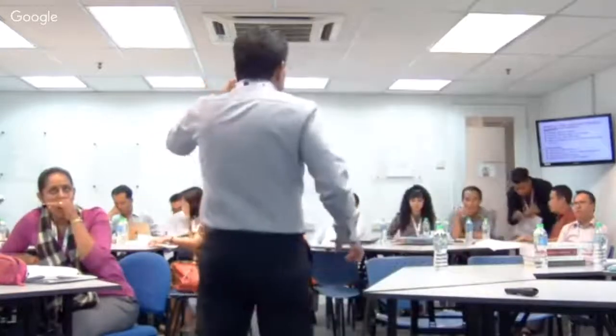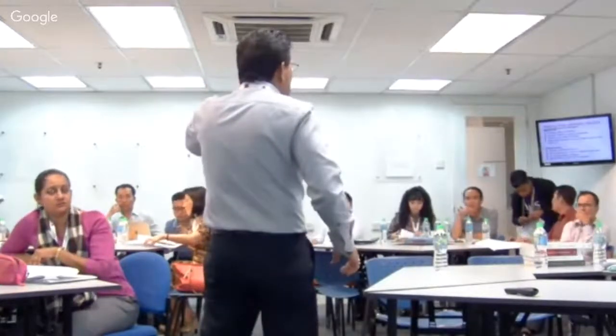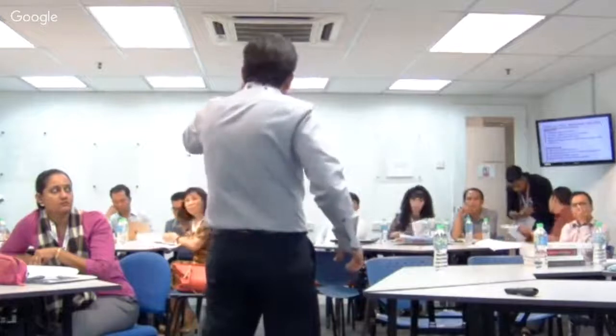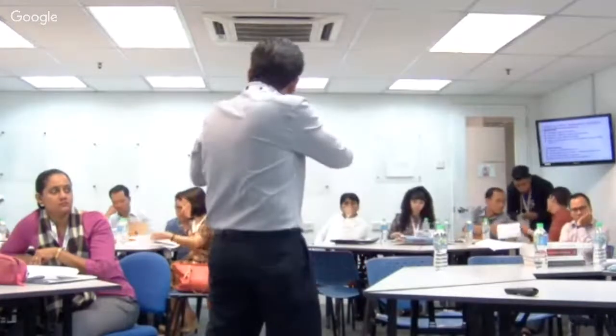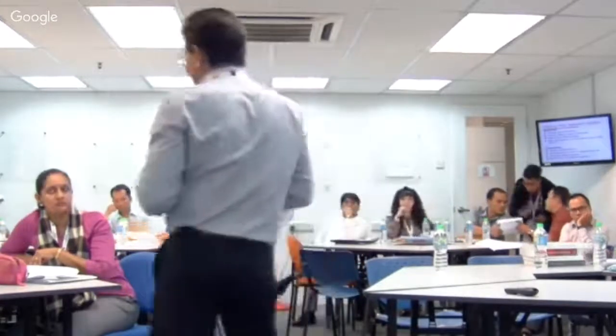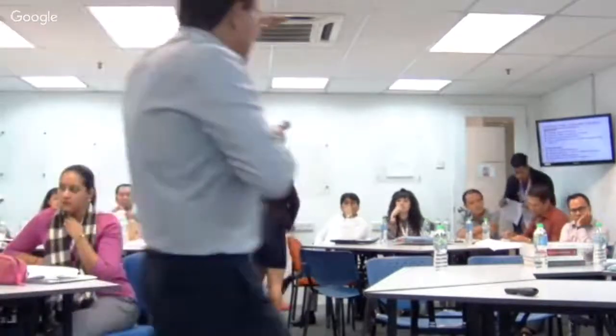Now, while you're writing your literature review, your sentences must have linkage between one sentence and another sentence in the same paragraph. Within the same paragraph, one sentence to another sentence, there must be a linkage.